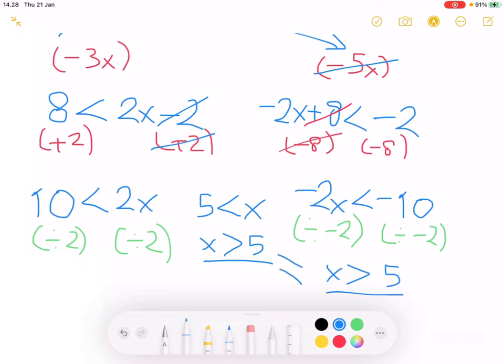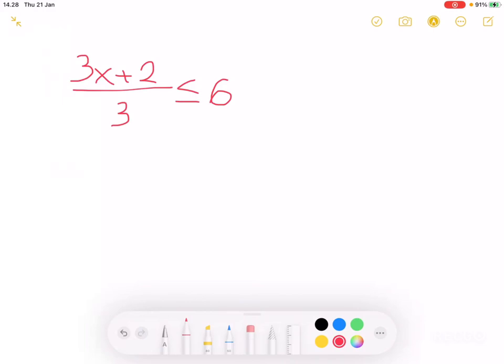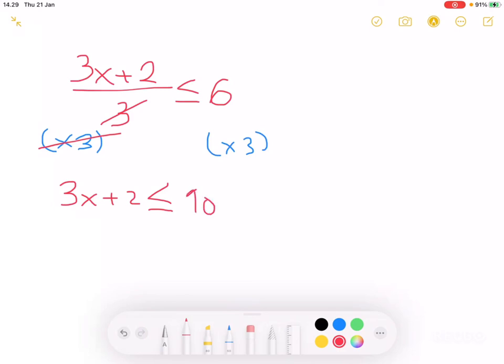Let's do another example, this time involving fractions. It's obvious to multiply both sides by 3. Then we have 3x plus 2, since the 3s cancel, is less than or equal to 6 times 3, which is 18.